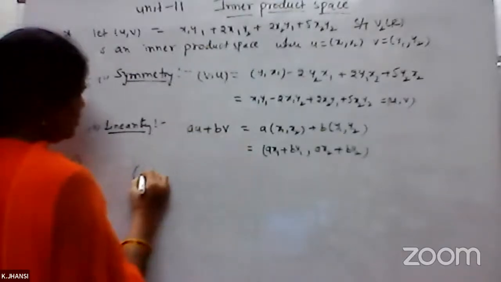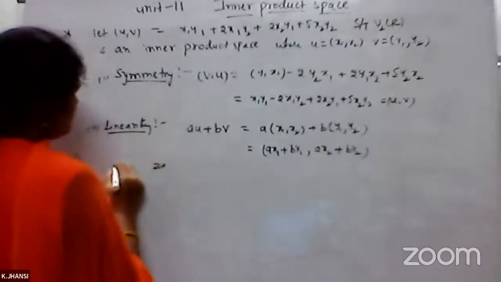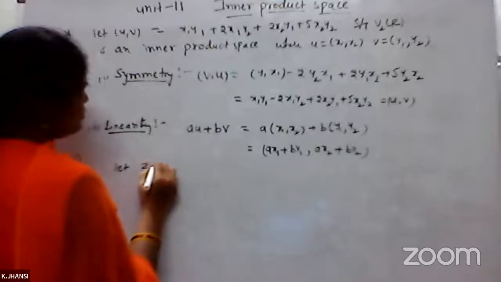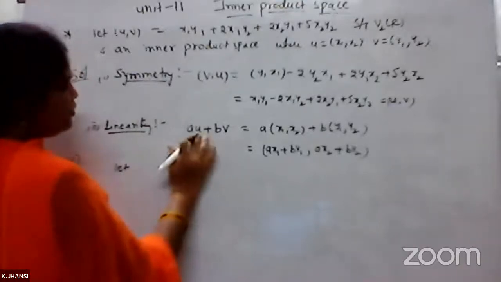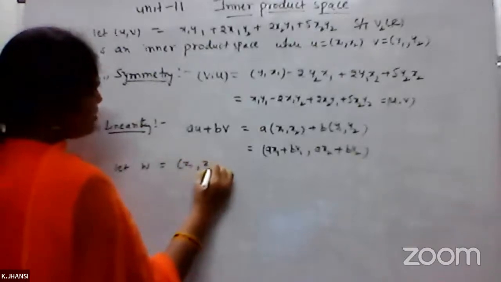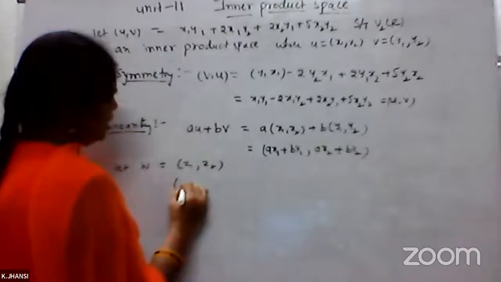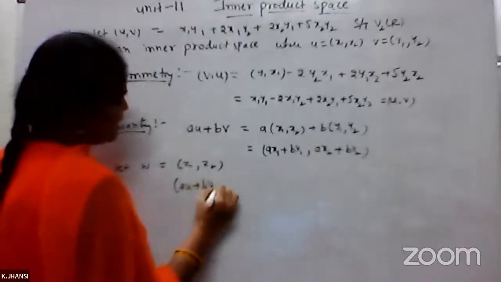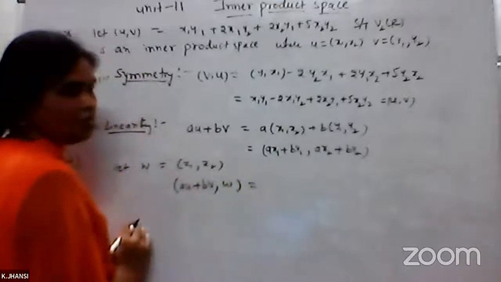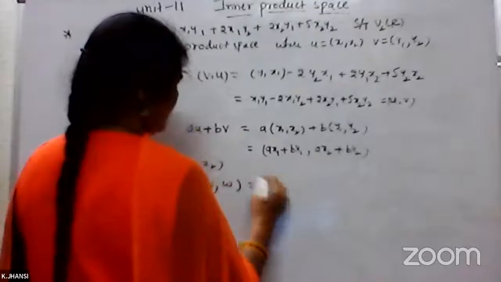So now here you take w equal to z1 comma z2. Okay, so we'll get now au plus bv comma w equals to, what is our au plus bv?